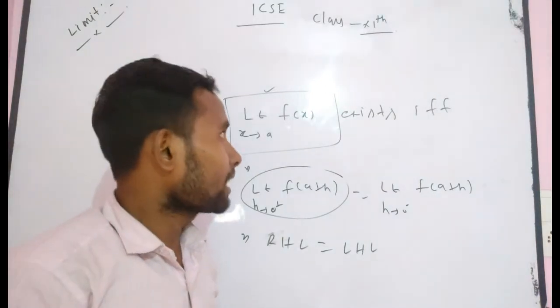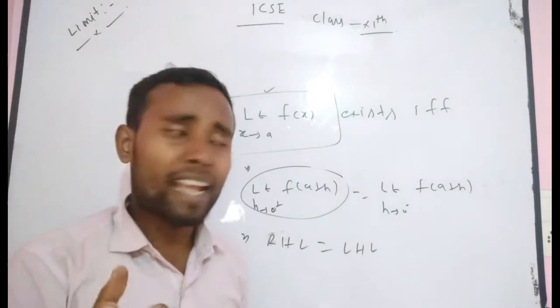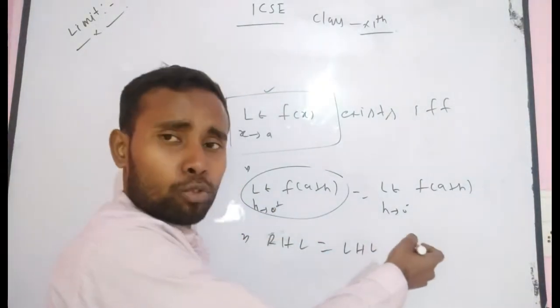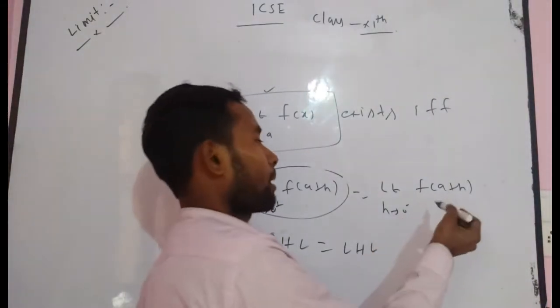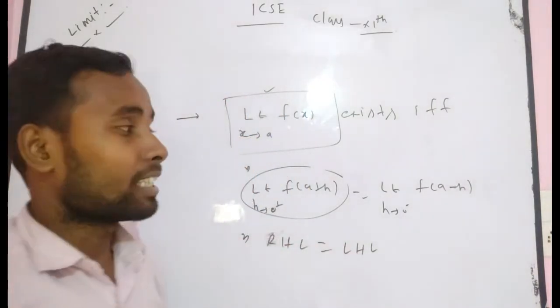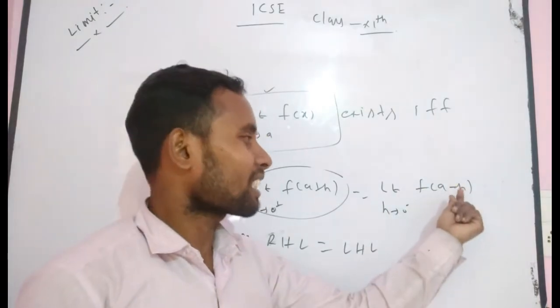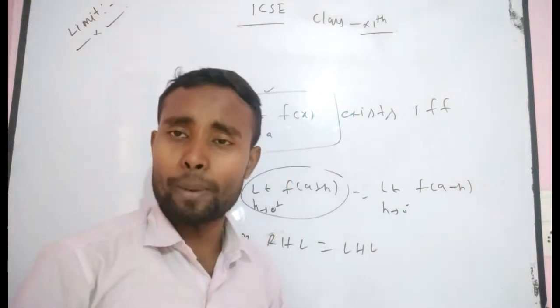When I think the given problem is more complex, then for simplifying we can use this formula. You can also use it, but I don't use it because while solving, it becomes a minus h. Here there is a minus h, and you have to put the value of a minus h. It's just like a minus and I don't like it, so I don't use this. But you can find it also by this way.